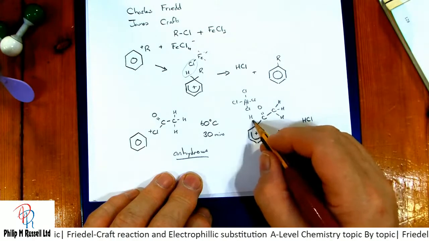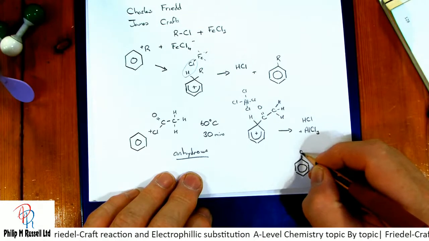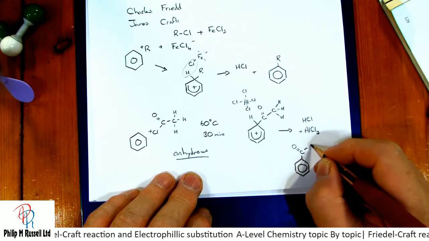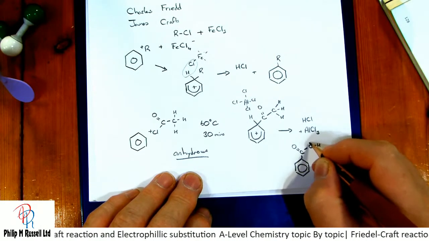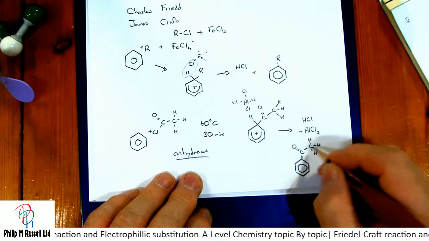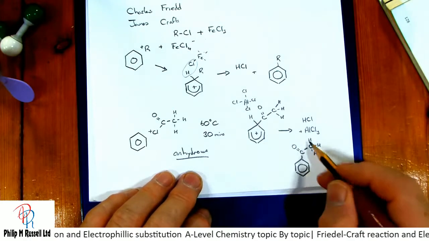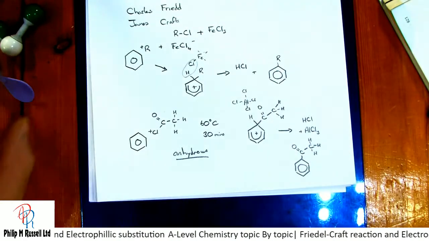We've lost this H with that Cl to make HCl, so on here we've got this, and whatever group we really wanted to put on here, and this could be any particular group, and we've managed to make more or less any chemical shoved onto a benzene ring.